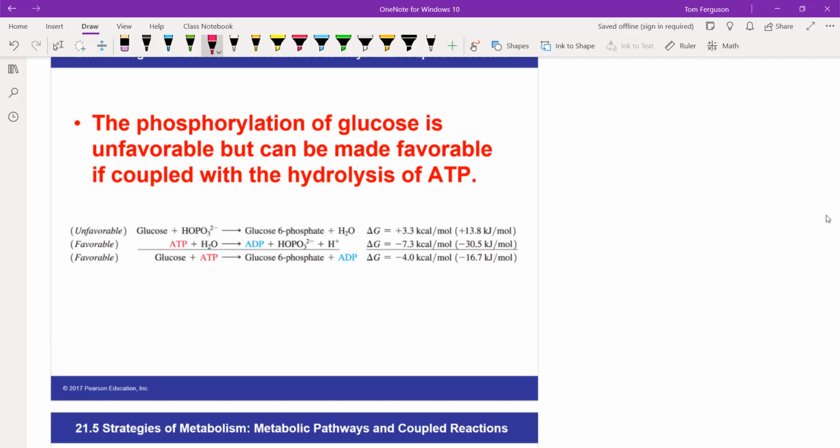So this first step is the phosphorylation of glucose going to glucose 6-phosphate. Notice that's not a favorable reaction. But when we release a phosphate group from the ATP going to ADP, it releases more energy than is required. Hence, we have a net gain of -4 kilocalories per mole.